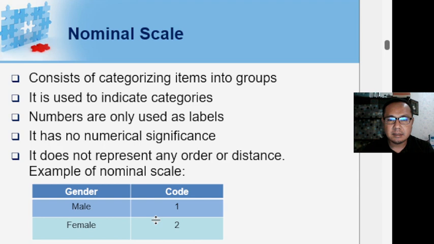So this is a very good example: male is not represented by number one, but just only a code. There is no numerical significance between male and number one, or female and number two. So it does not represent any order or distance, just only categorizing into a group by number here.